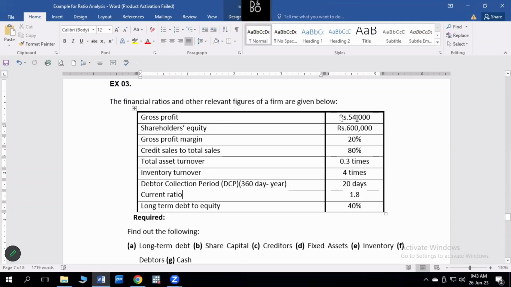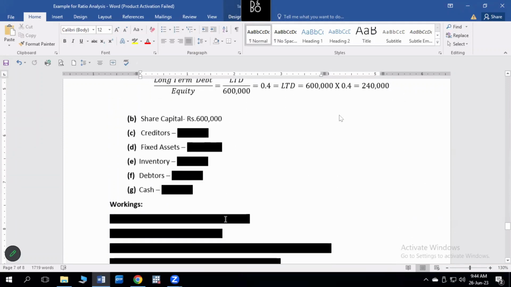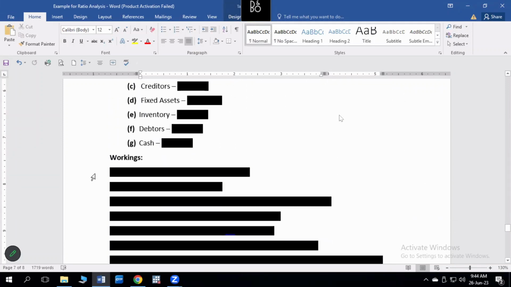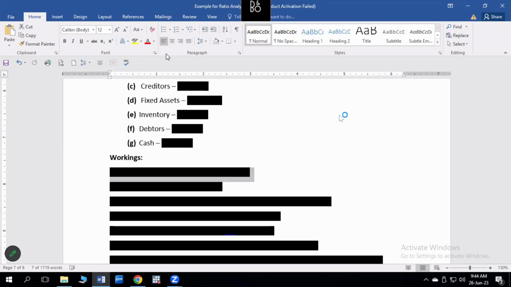So when this 54,000 is the gross profit, how much is the sales? You can work this out under workings, applying the gross margin to find the sales.